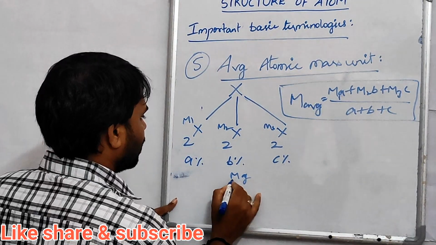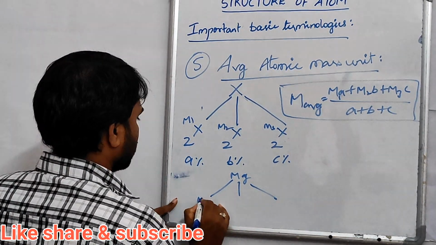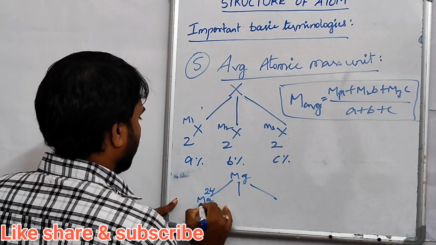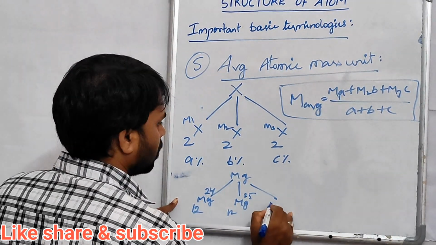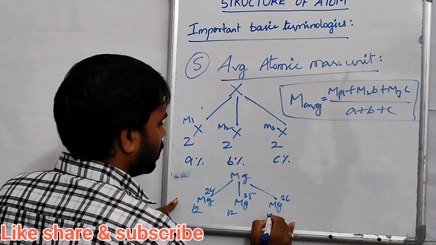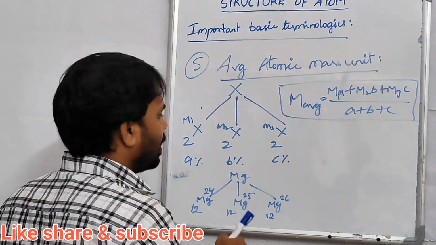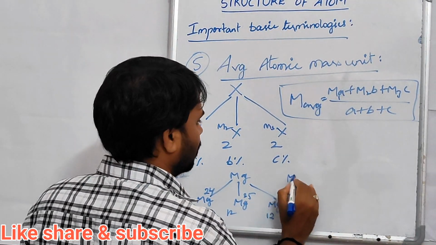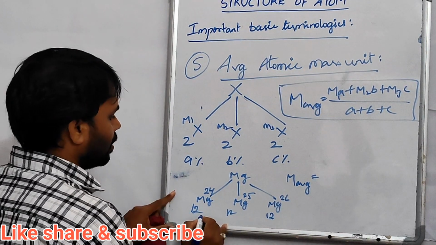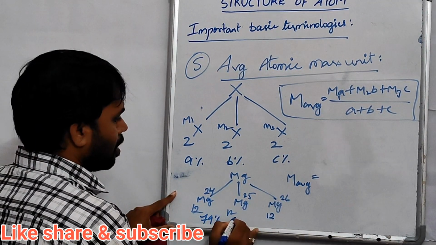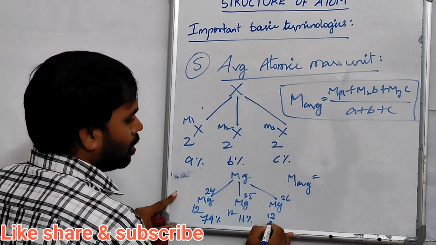Magnesium exists in 3 isotopic forms, that is Mg-24, Mg-25, Mg-26. The average atomic mass of this magnesium is equal to, these percentage abundances are 79%, 11%, 10%.